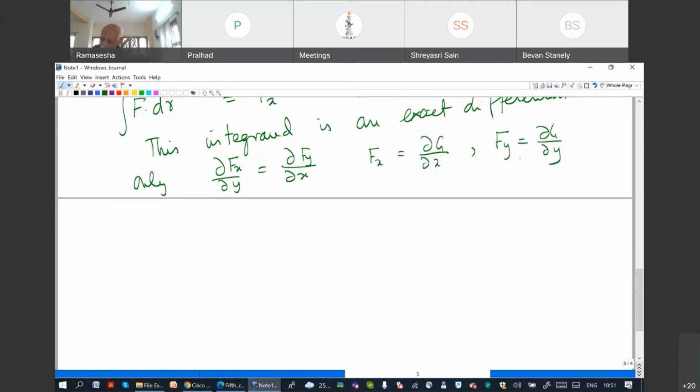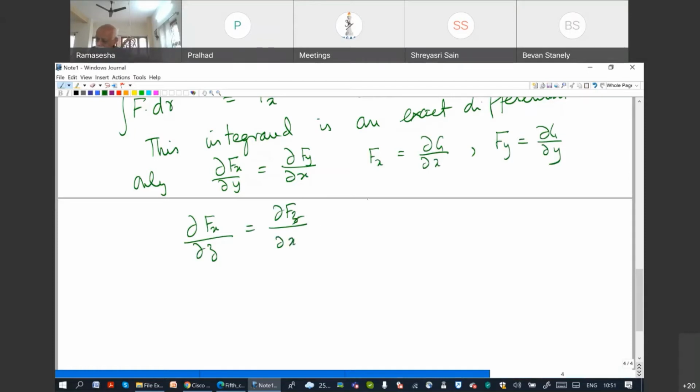And similarly, if del fx by del z is equal to del fz by del x, it means fx is equal to del g by del x and fz is equal to del g by del z, and the order in which you have taken the second differential does not matter. Is this point clear?